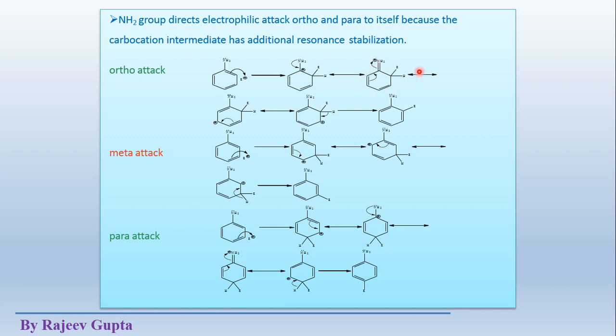So this is an extra resonating structure which we may get in case of lone pair containing functional groups. See, these 1, 2 and 3, these 3 resonating structures are the same as we obtained for alkyl groups.